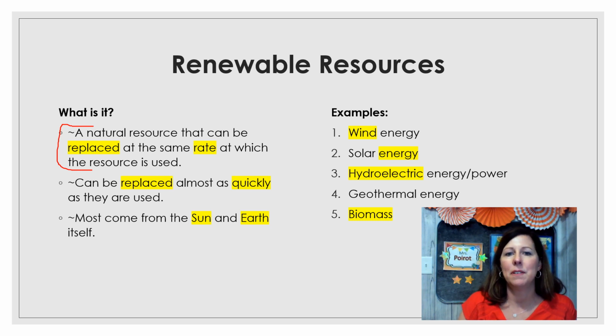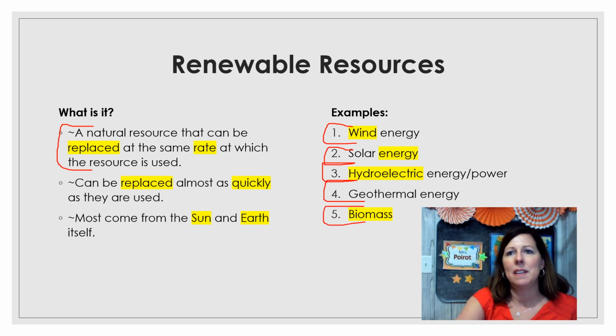Some examples of renewable resources would be wind energy, solar energy that we get from the sun, hydroelectric energy that we get from water, such as in dams. When we build dams, when the water comes down, that creates energy. Geothermal energy is where we harvest the heat from under the earth, and also biomass, and that is simply when we burn natural things, it can create energy.